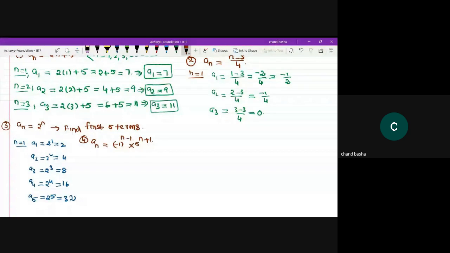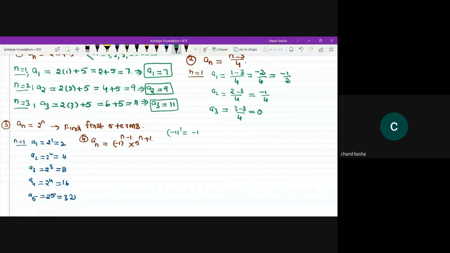Guys, there is a problem with this (-1) whole power. (-1) whole power 1 value is -1. (-1) whole power 2 value is positive. This is important for us. First, I am finding a1. When we put n is equal to 1, (-1) whole power 1 minus 1 means it is power 0. 5 power 1 plus 1, anything power 0 means it is 1, into 5 square, which is 25.